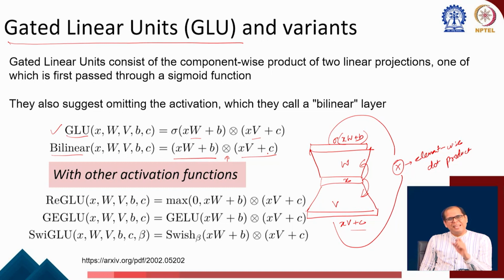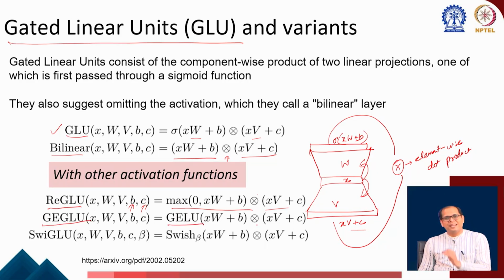Now the same gated linear units you can put with other activations apart from sigmoid. With ReLU you get ReGLU, with B and C already there: max of 0, XW plus B, element wise product with XV plus C, just replacing sigmoid by ReLU. You can replace it by GELU, and this will be the formulation GEGLU.